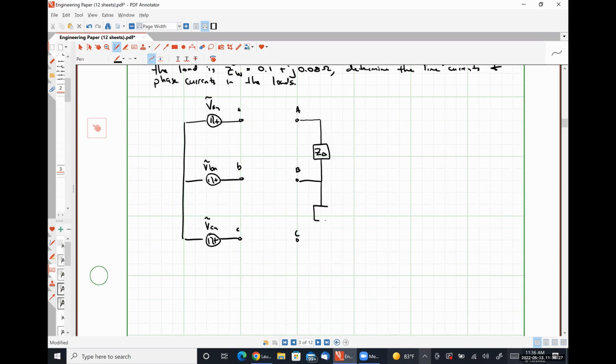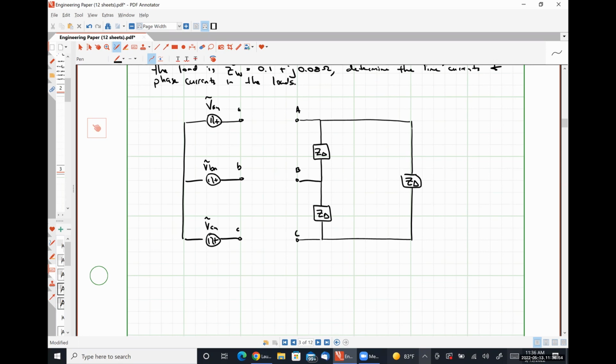We should see an impedance connected between terminal B and terminal C, that is Z delta. And we should see a connection between terminal C and terminal A, that is Z delta. So that's our delta connected load.